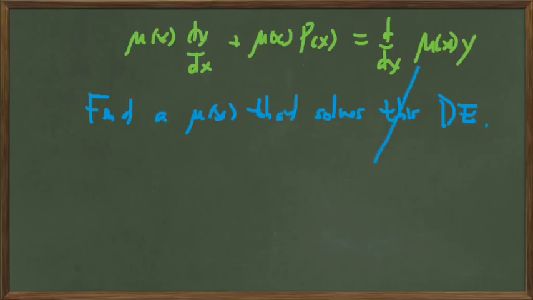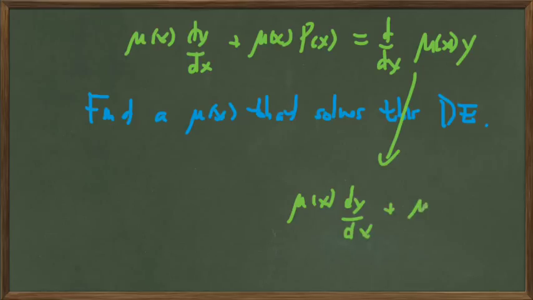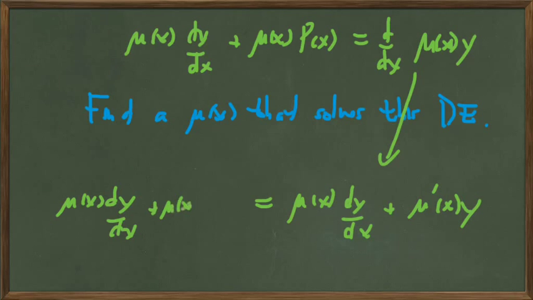So the right-hand side of this differential equation, if we apply the product rule to that derivative, we get what? Mu of x dy/dx, plus mu prime of x times y, and that is set equal to what was already the left-hand side, mu of x dy/dx plus mu of x p of x y.